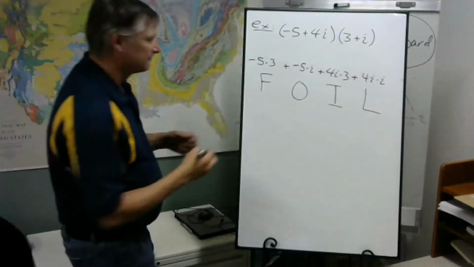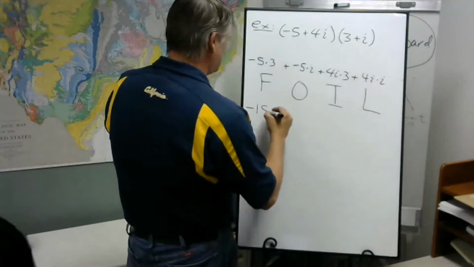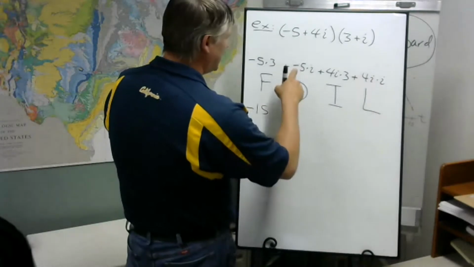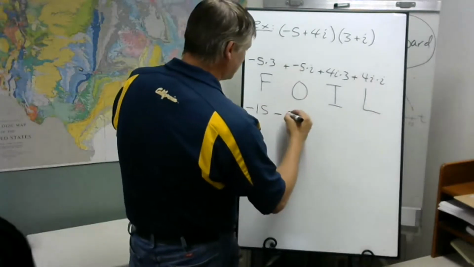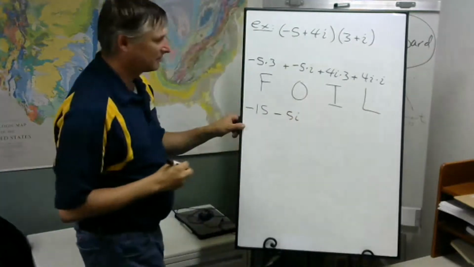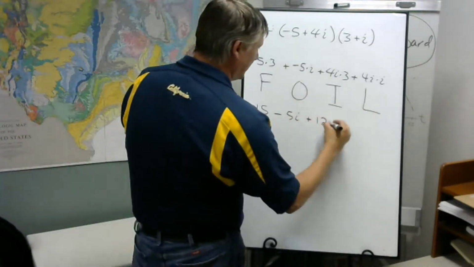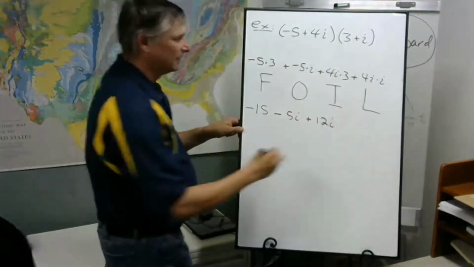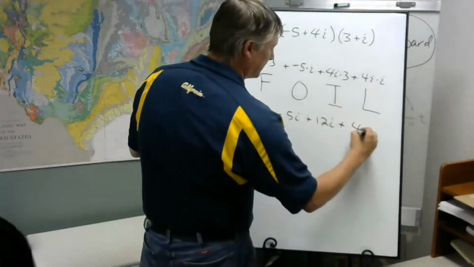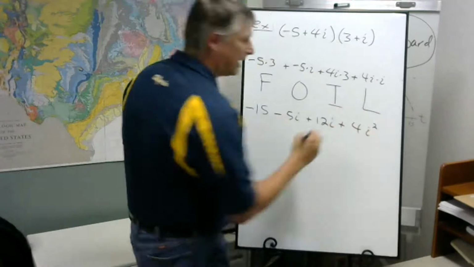So what this gives us, negative 15. Negative 5 times i is minus 5i. 4i times 3, 12i. And then 4i squared.